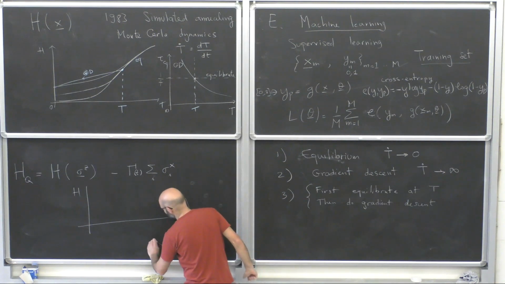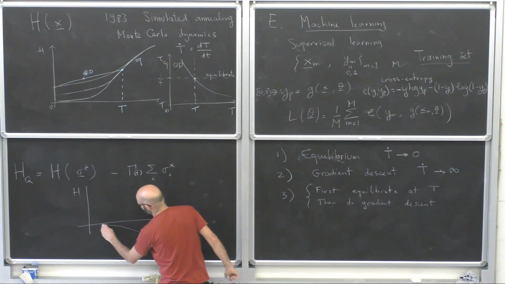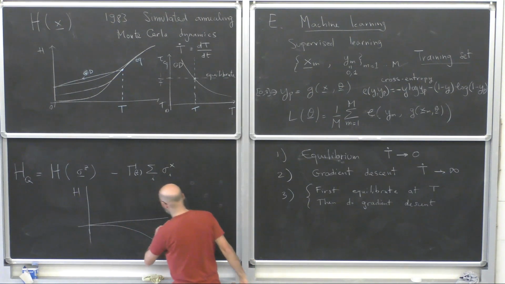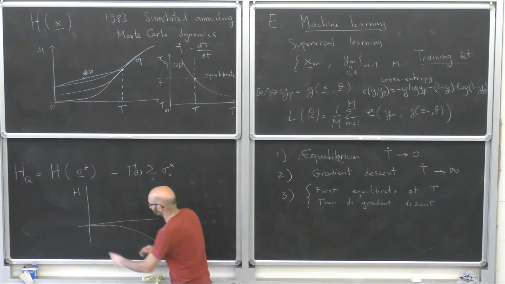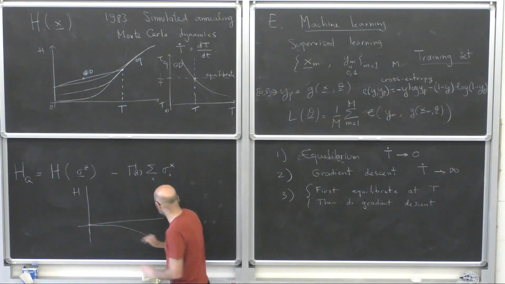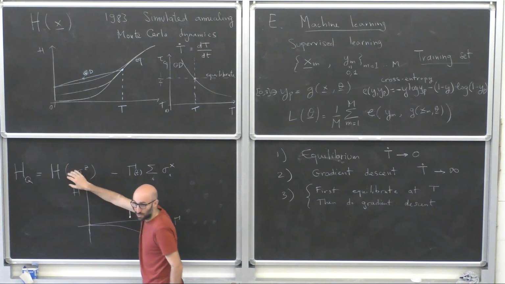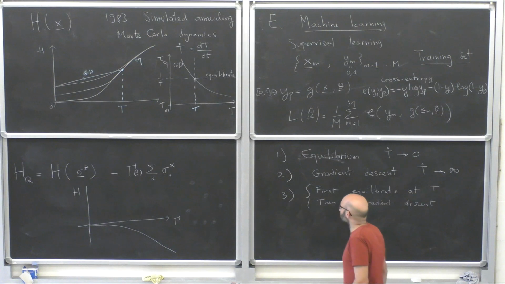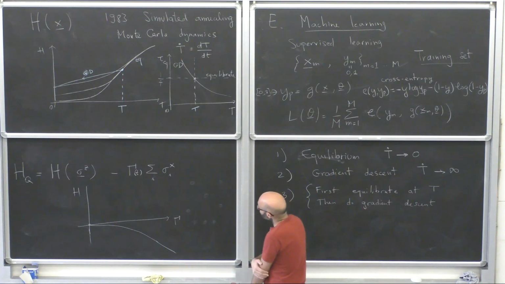And then, if I'm lucky, when I reduce my transverse field, if I can stay in the ground state, I will end up in the ground state at 0. When I send the transverse field to 0, I will end up in the ground state of H. That's the idea. Now, well, there are problems where you can show that it works well.